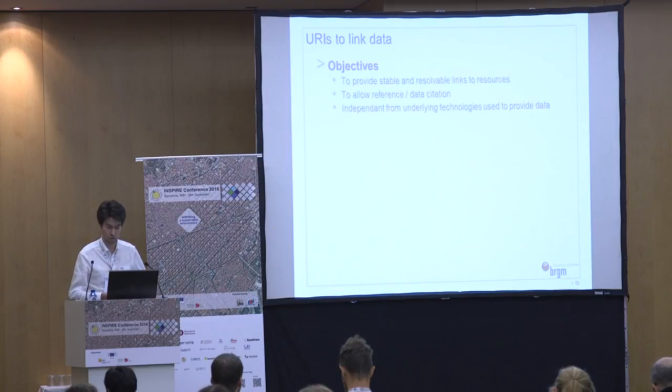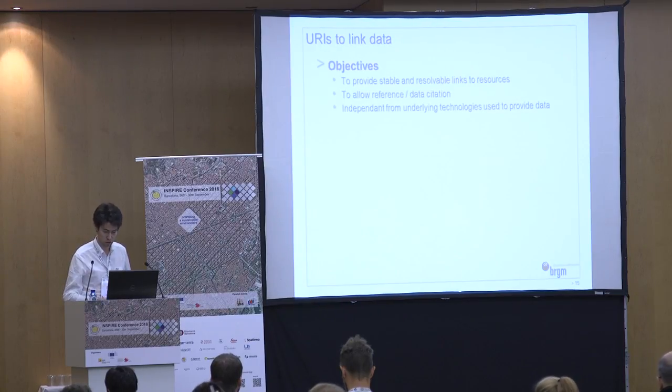For them, it is very important to have something readable. So the idea of using URIs to link data is to provide stable and resolvable links to resources. We also want to allow reference and data citation and to be independent from the underlying technologies used to provide data. So I will show you an example.